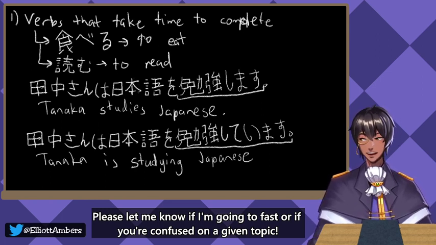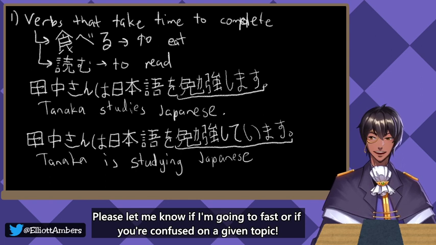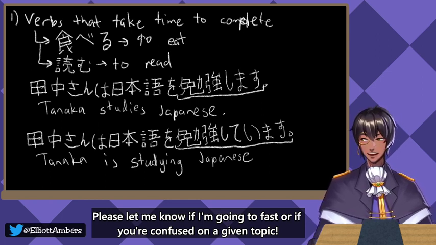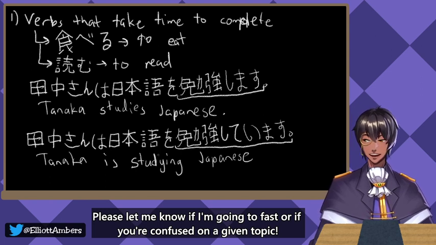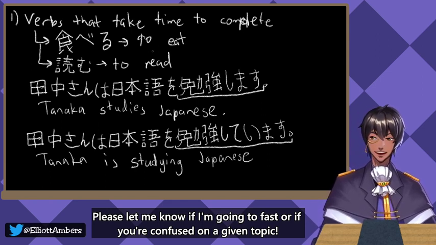This doesn't refer to the present moment, this just refers to that they are someone who studies Japanese, while this means that at the present moment, they are studying Japanese. So that's the difference there. That is what teiru represents. That it is an action that is happening.